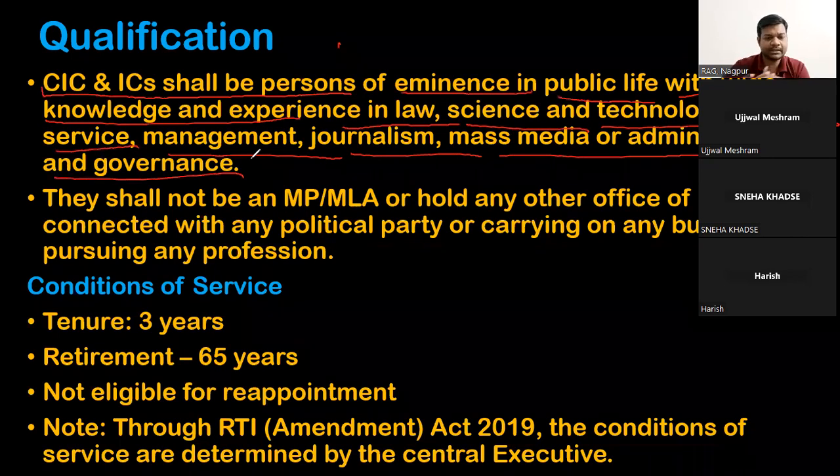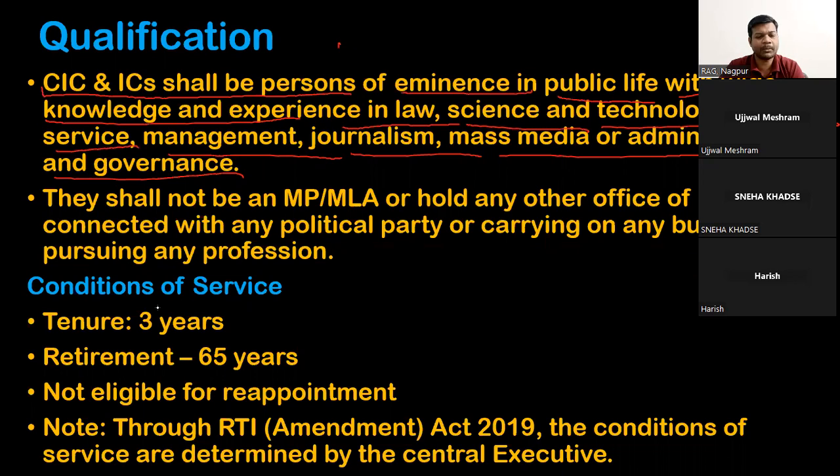So it is basically open-ended. The person who is to be appointed as the Chief Information Commissioner or Information Commissioner can be anybody.